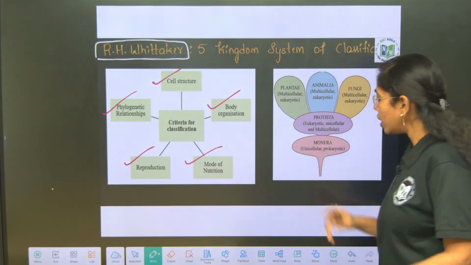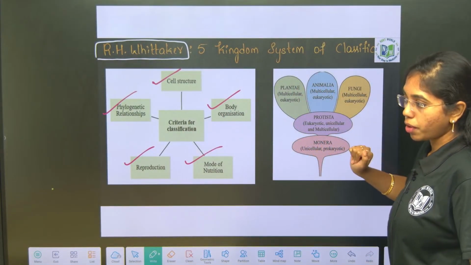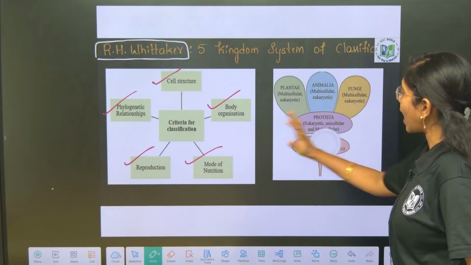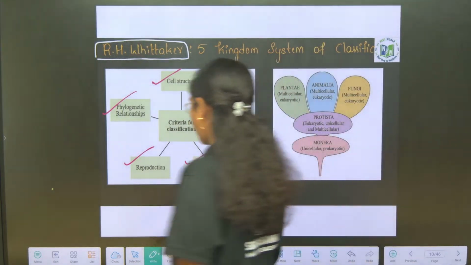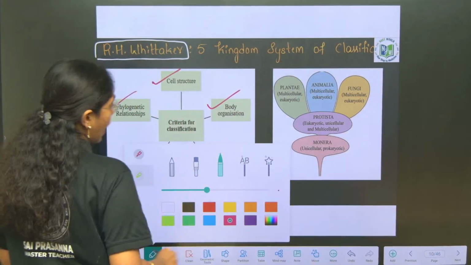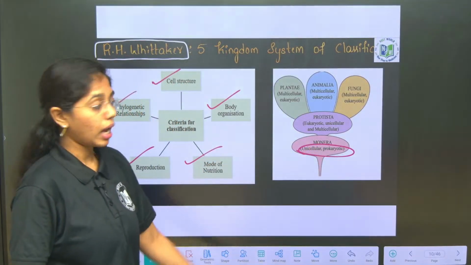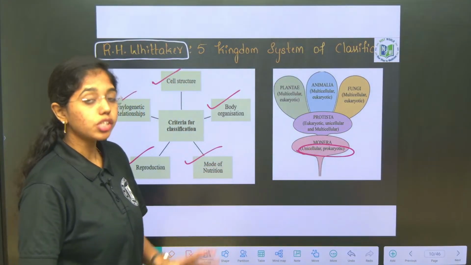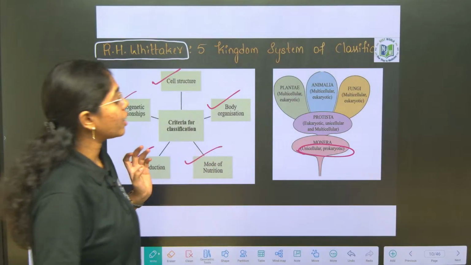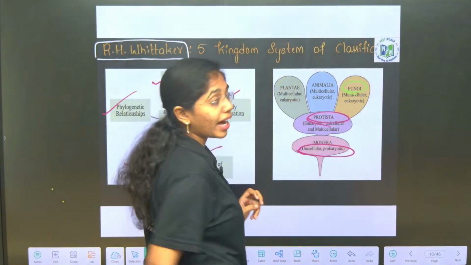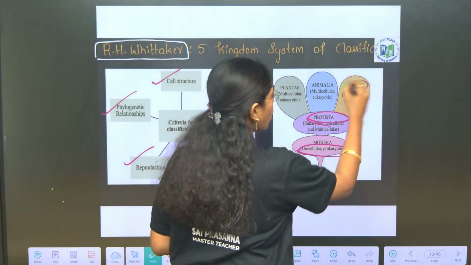Here, in the five kingdom system of classification, Monera includes all unicellular and prokaryotic organisms. Protista, as we have discussed, includes all the unicellular eukaryotic organisms, and Fungi are multicellular eukaryotic heterotrophic organisms.